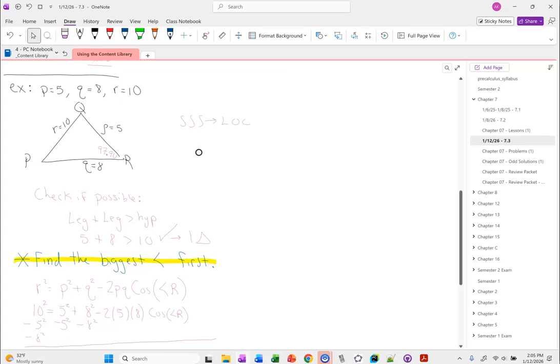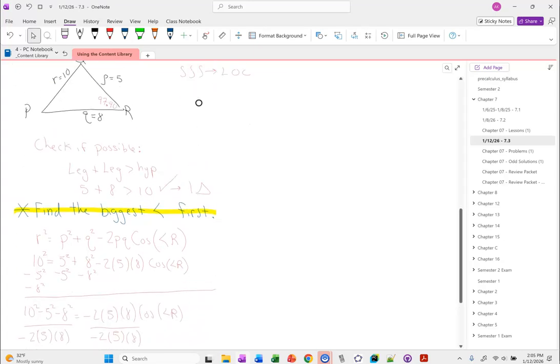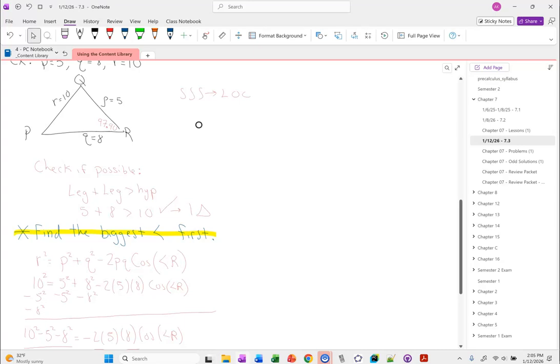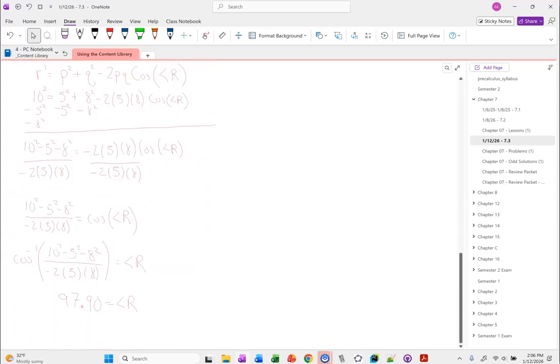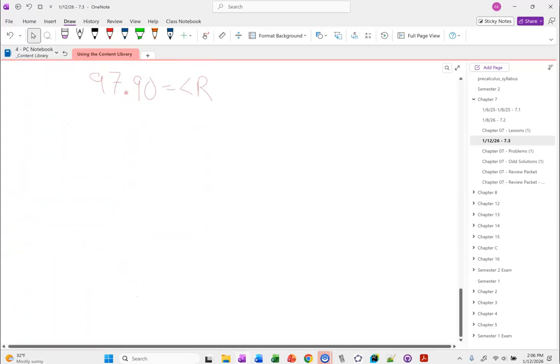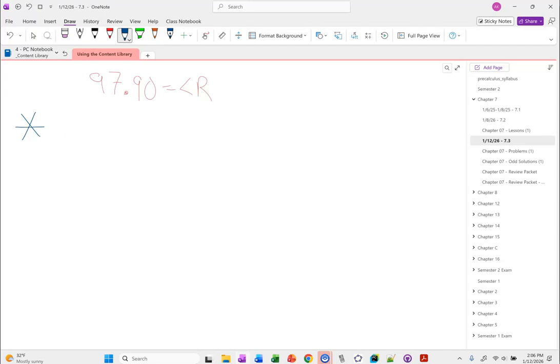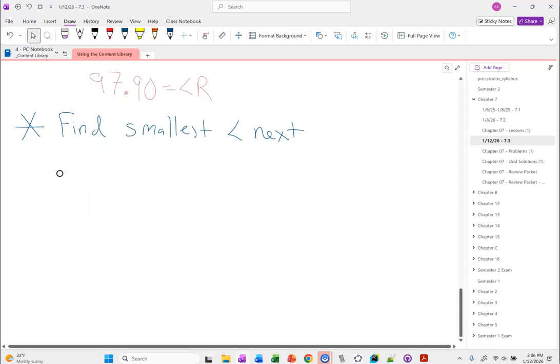So far, so good. Okay, we have 2 angles remaining, P and Q. Guess what? Order matters. So this time we're going to find the smallest angle next.